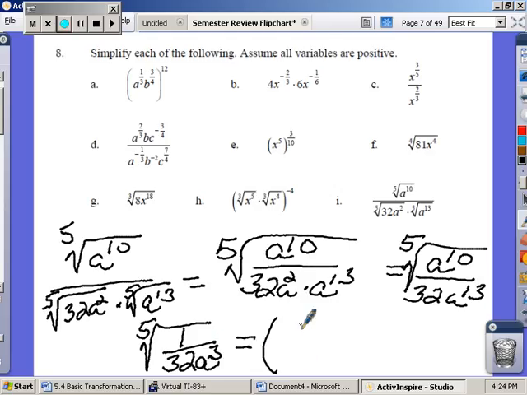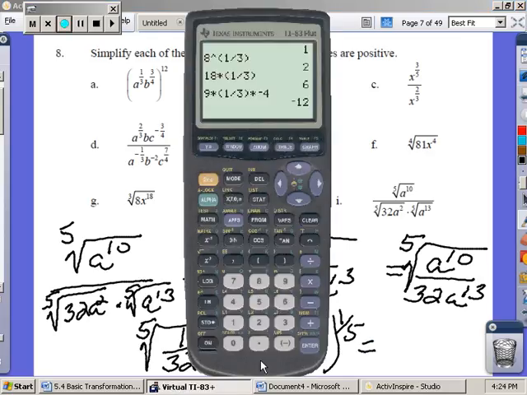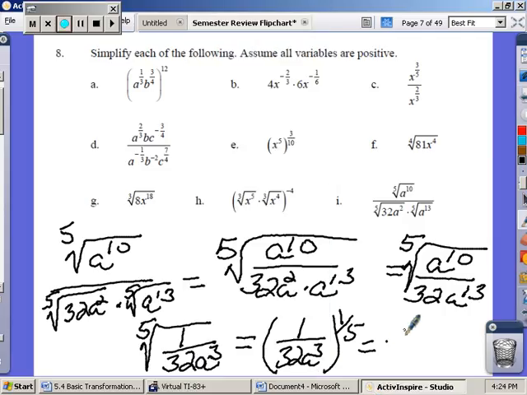Rewrite parentheses 1 over 32a to the 3rd to the 1/5 power equals, calculator, 32 raised to the parentheses 1 divided by 5 parentheses. I get 2. So my base is 2.